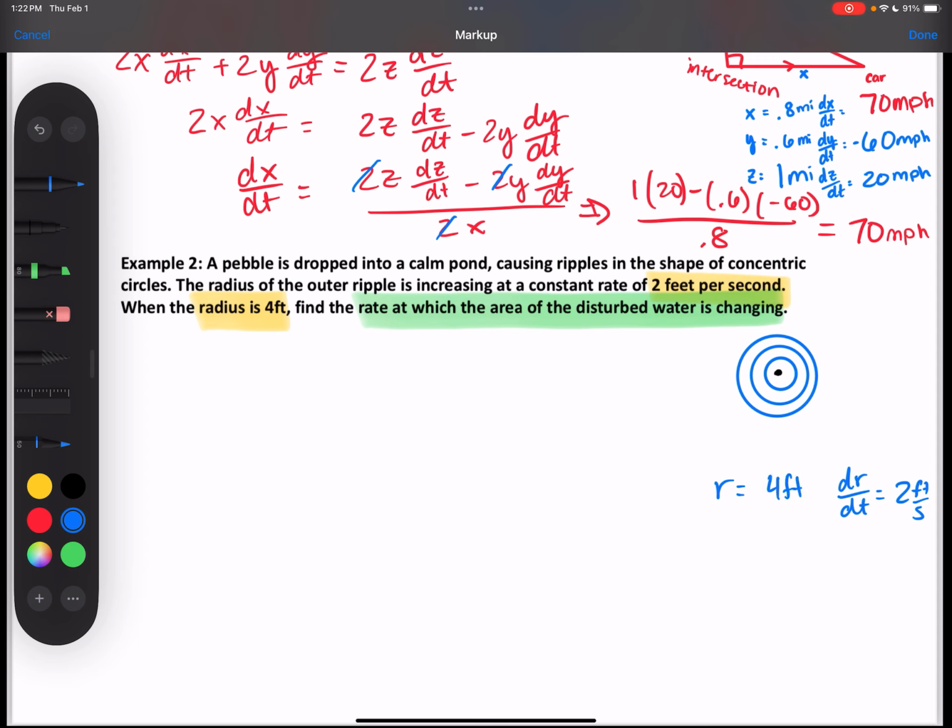Okay, what else am I going to need to find? You're going to need to find the area of the concentric circle, but the rate at which it's changing, so what might that be? dA/dt.